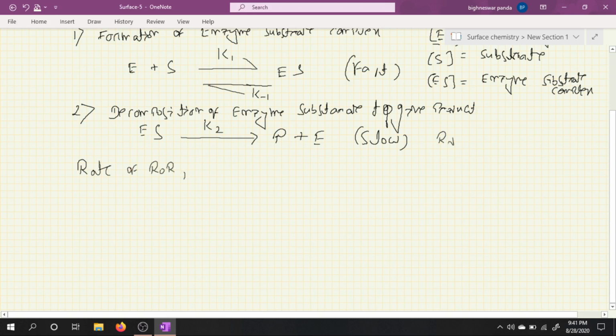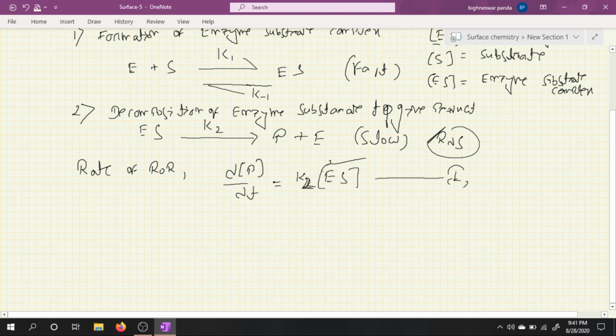Here the slow step is the rate determining step, so I can write dP by dt is equal to K2 ES, equation 1, and I have to calculate the concentration of enzyme substrate complex.